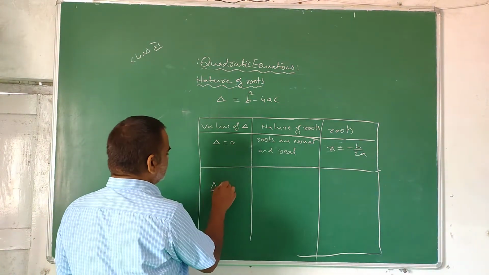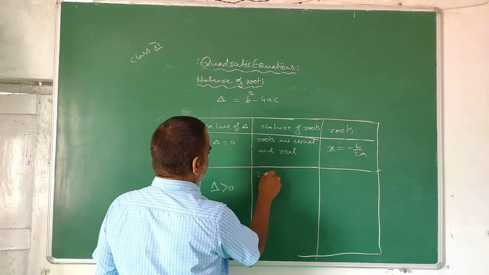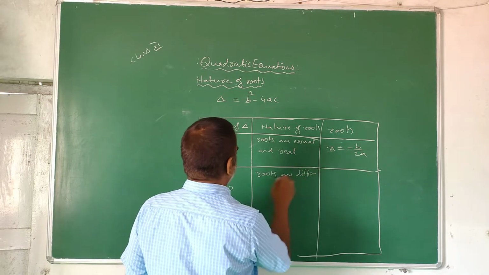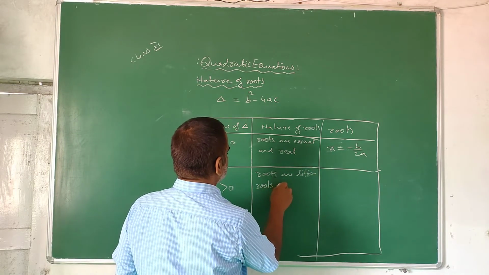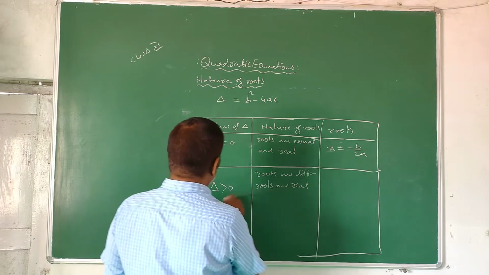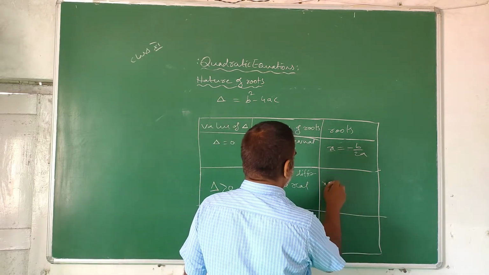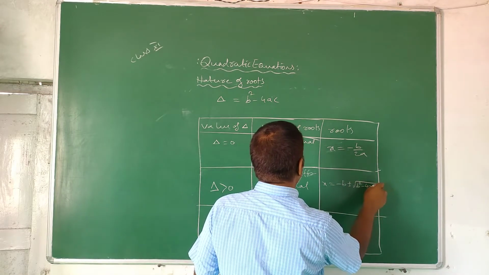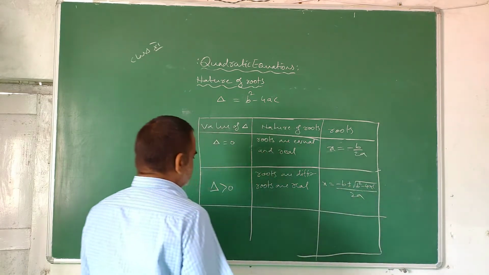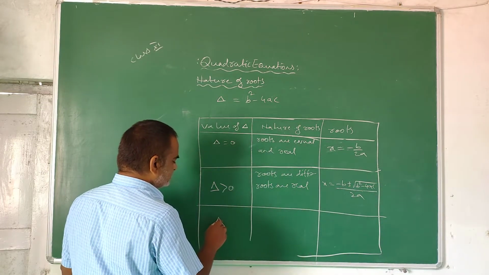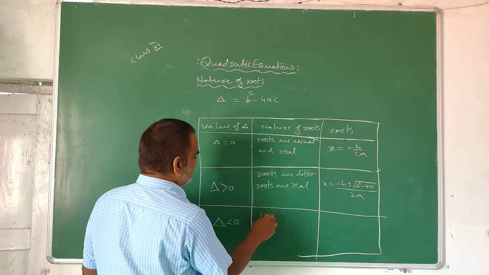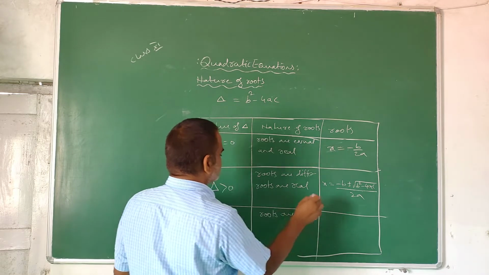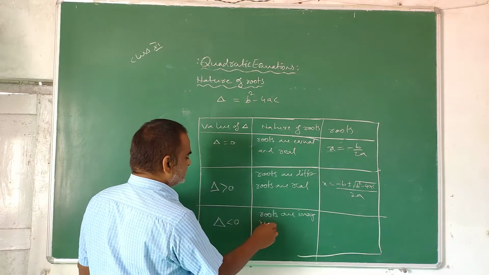Suppose delta is greater than 0. Roots are different and roots are real, and those roots are minus b plus or minus root over b square minus 4ac by 2a. Suppose delta is less than 0, roots are imaginary and roots are distinct.